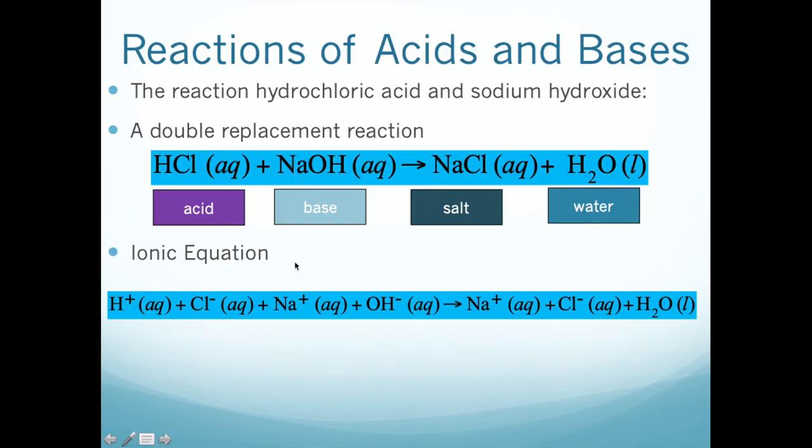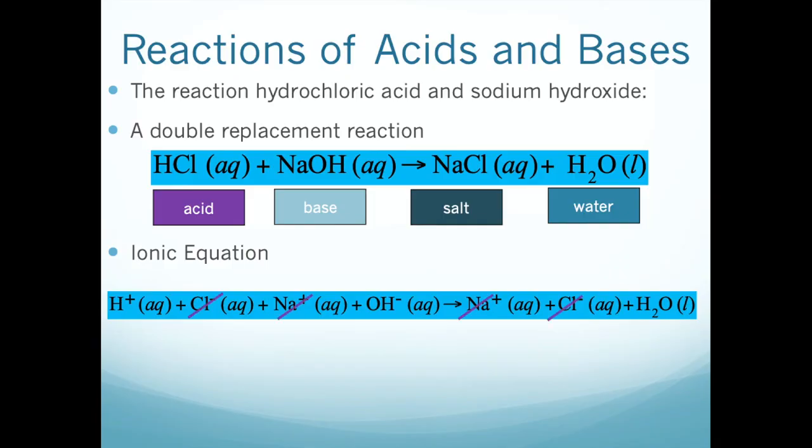Sodium hydroxide splits up into Na plus and OH minus. It's a polyatomic ion, hydroxide. Sodium chloride, which is also aqueous, splits up into Na plus and Cl minus. Water, which is a liquid, stays water. It doesn't ionize here.